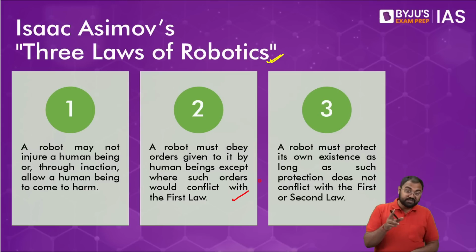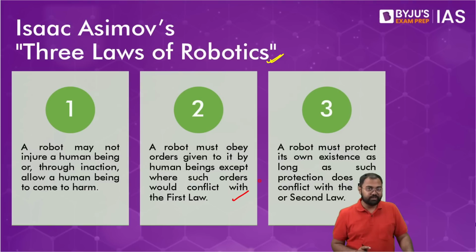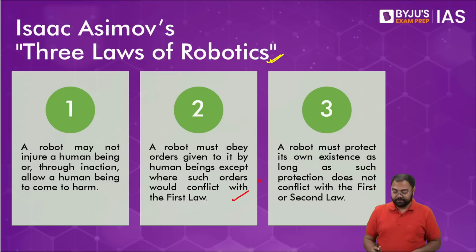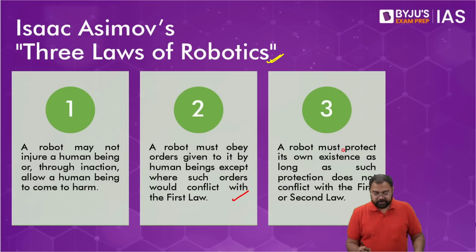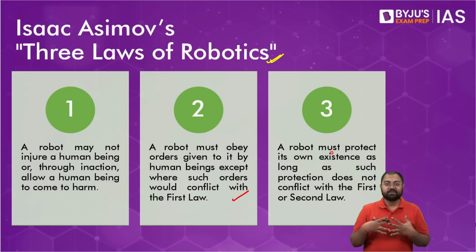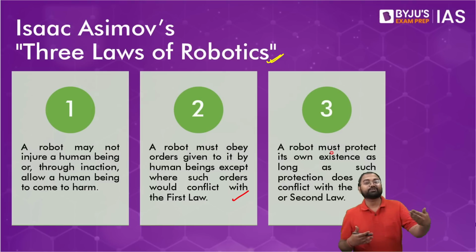But if those instructions are to attack or harm somebody else, then the robot should not obey the orders. That's the second law. And then the third law says that a robot must protect its own existence as long as such protection does not conflict with the first or the second law. So it should also try to preserve itself, but not at the cost of a human.